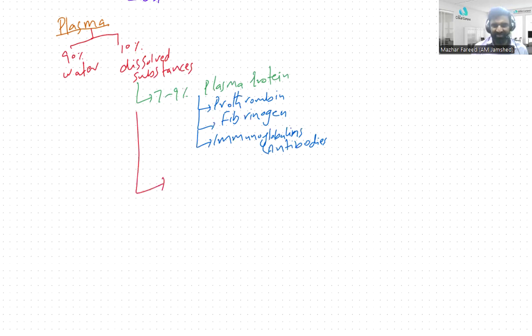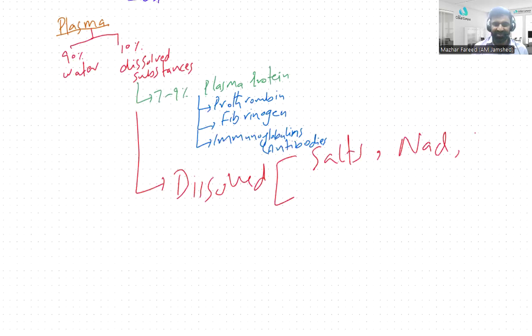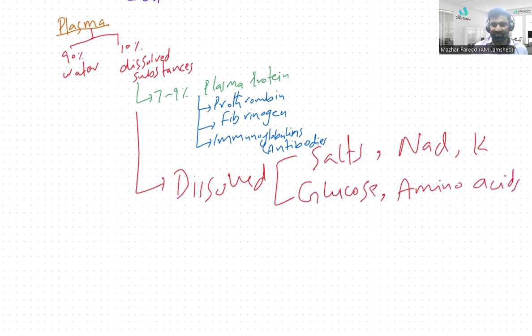And these dissolved substances are like salts, such as NaCl, potassium, etc. And there are also substances like glucose, amino acids, and lipids.